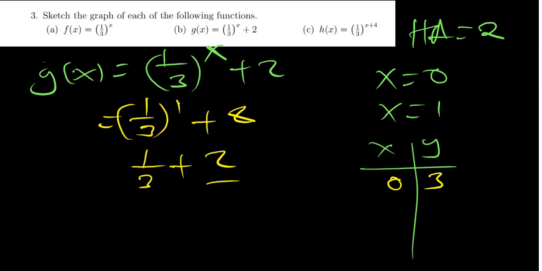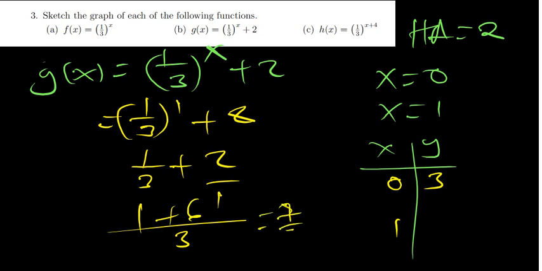So if x is 1, what would be the value of y? I'll say the common denominator is 3. 3 into 3, 1 times 1 is 1, plus 2, 3 times 2 is 6. So I'm going to have 7 over 3. If x is 1, y is going to be 7 over 3.